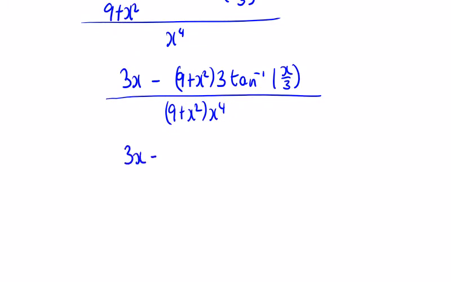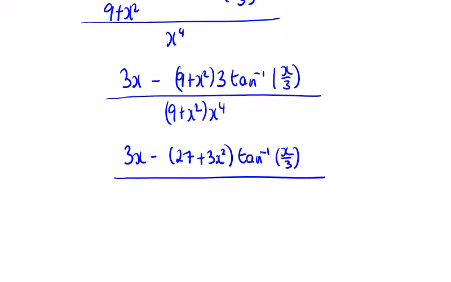So we're going to get 3x minus 27 plus 3x squared by the inverse tan of x over 3. And that's all over 9x to the power of 4 plus x to the power of 6. And in case you're thinking about dividing by x again, you can see here this 27 doesn't have an x in it, so we can't divide everything by x, so this is fully simplified.